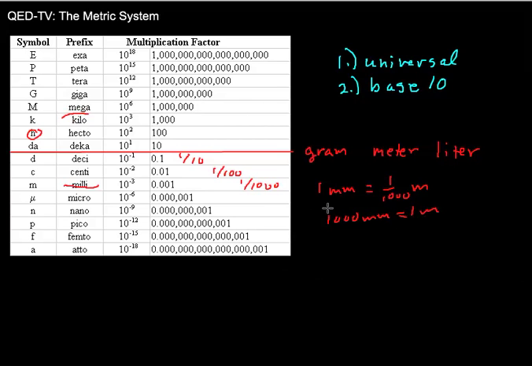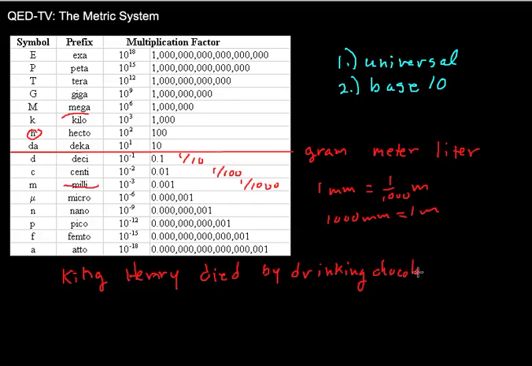So it's very valuable for you to remember these conversions and keep these straight. To remember these first 6, usually we have a little phrase that we use. There's a couple different phrases you can use, but I'll do King Henry died by drinking chocolate milk.